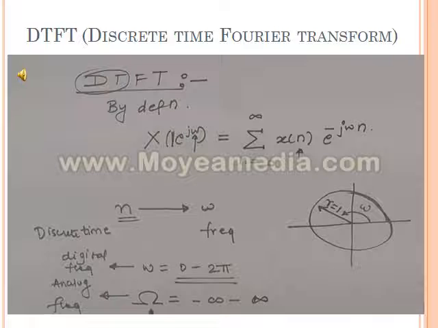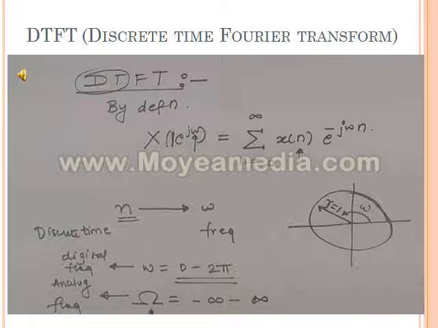So what we will be doing in DFT, we will be covering this range from 0 to 2 pi and dividing it into N equal parts. Basically, we are discretizing, or taking samples of, omega at periodic instants.